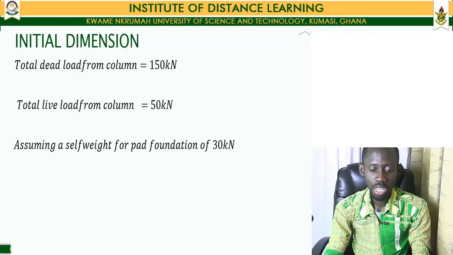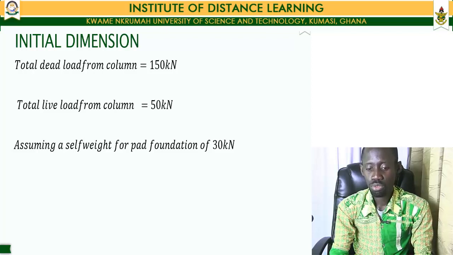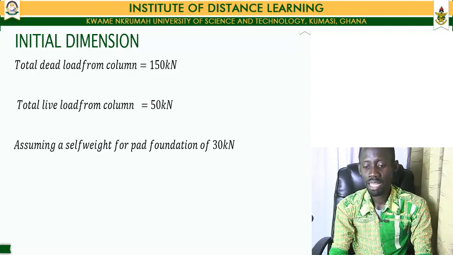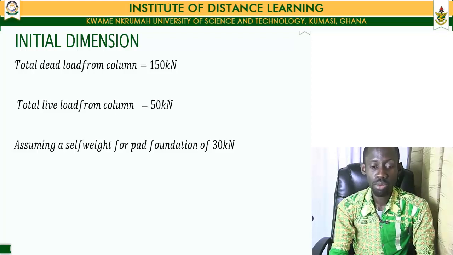Then based on our assumed value, we would come out with a dimension for the pad. To do that, we are assuming that our pad would have a self-weight of 30 kilonewtons.